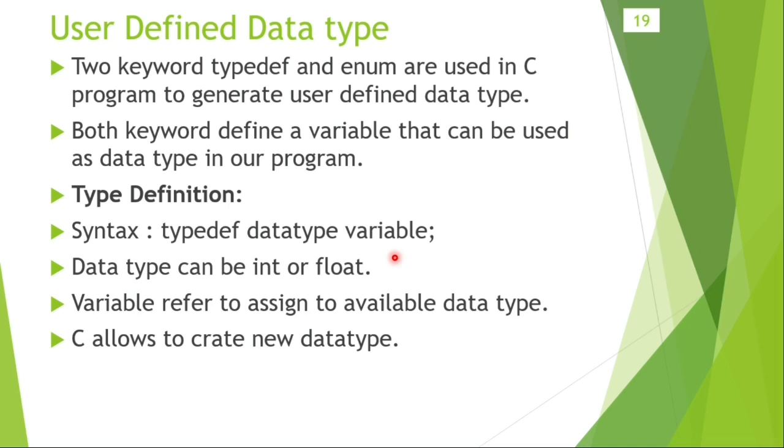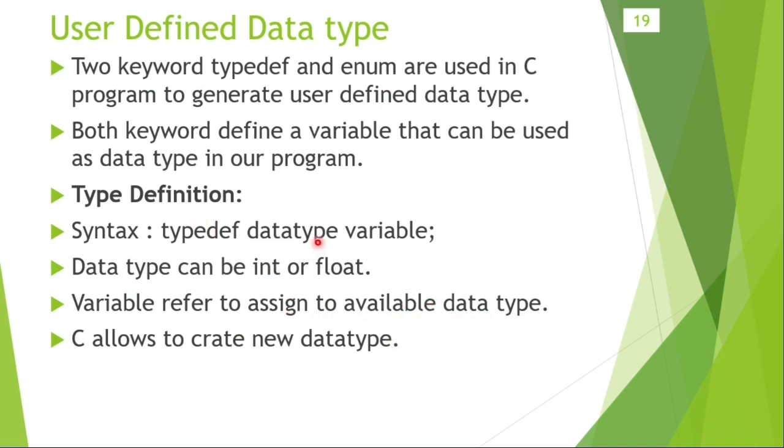Gujarat is an alphabet, and roll number is a number. Now data type can be int or float. Understand that? So the variable refers to, or is assigned to, an available data type.